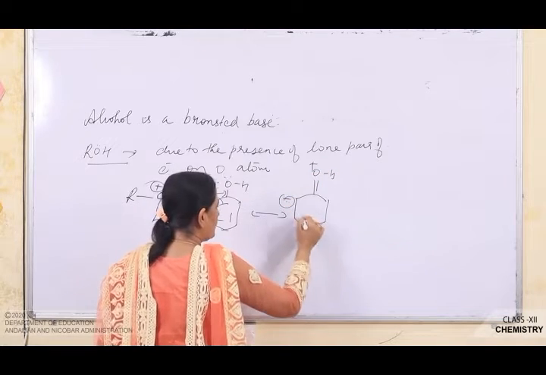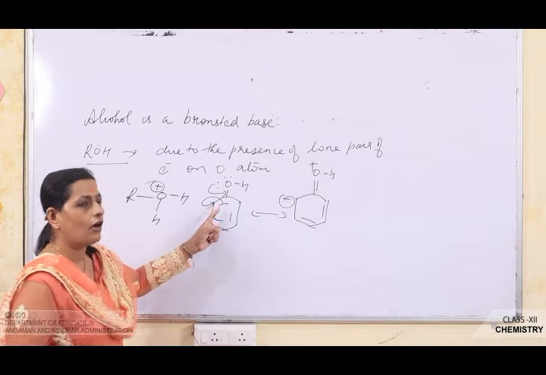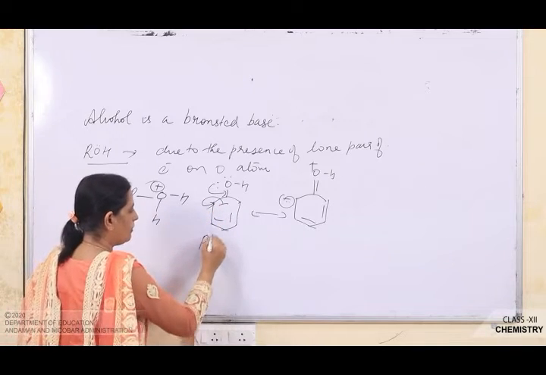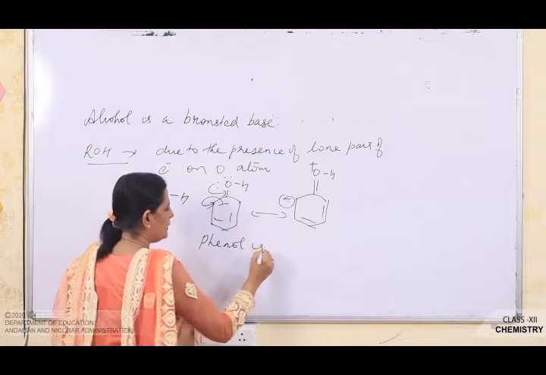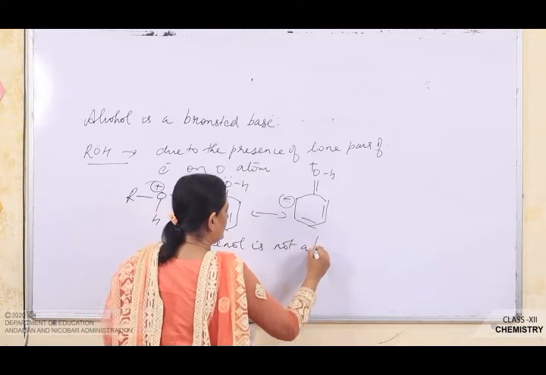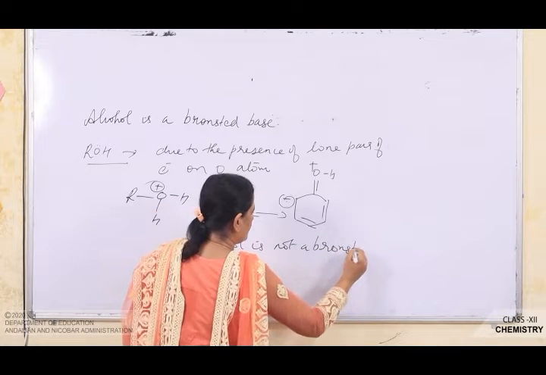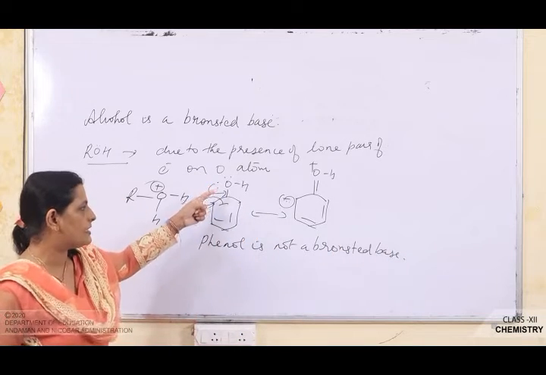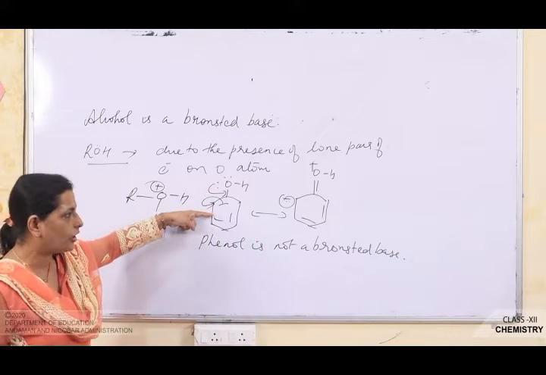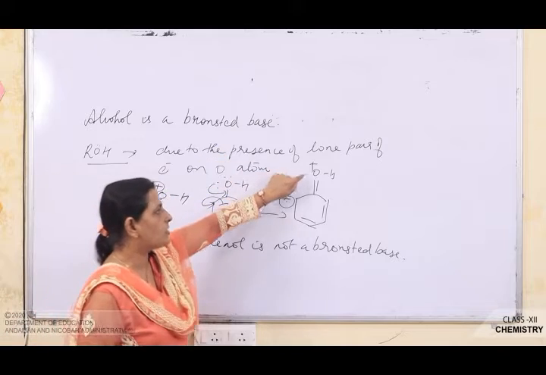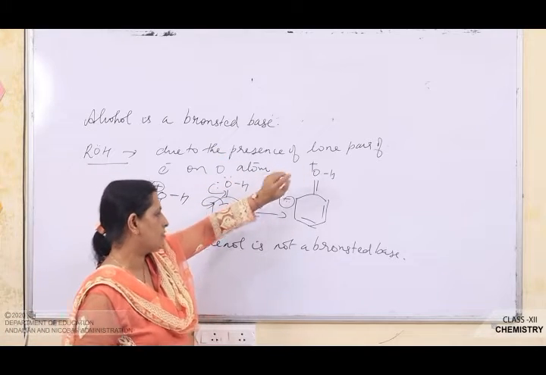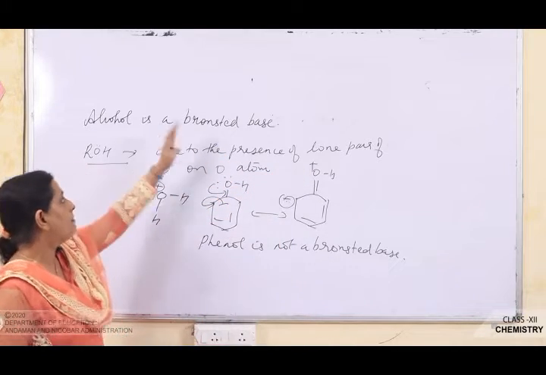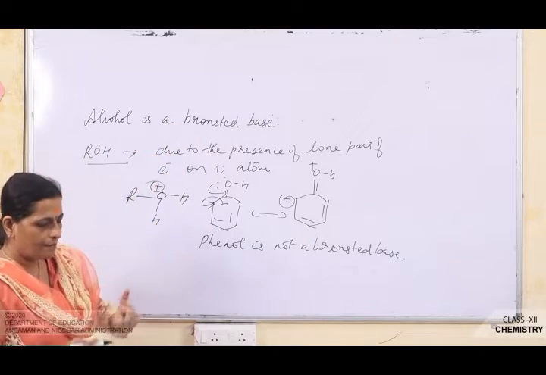So that is the reason why phenol is not a Bronsted base, because the lone pair of electrons on oxygen is involved in conjugation with the pi electrons of the benzene ring. So the oxygen gets a positive charge.